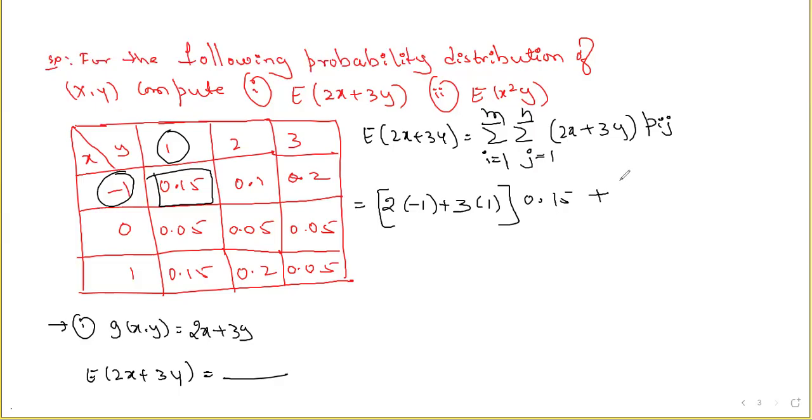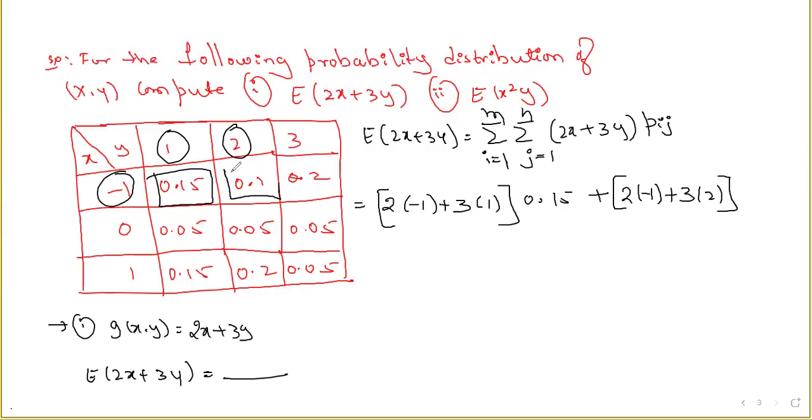Clear? Plus, now our x value is -1 only. Now we go for y equal to 2. So 2 into -1 plus 3 into 2.